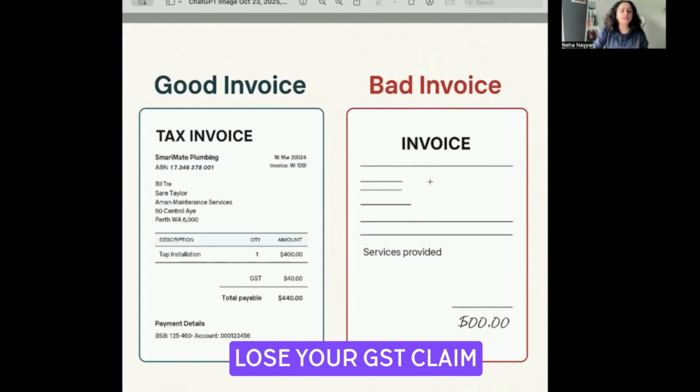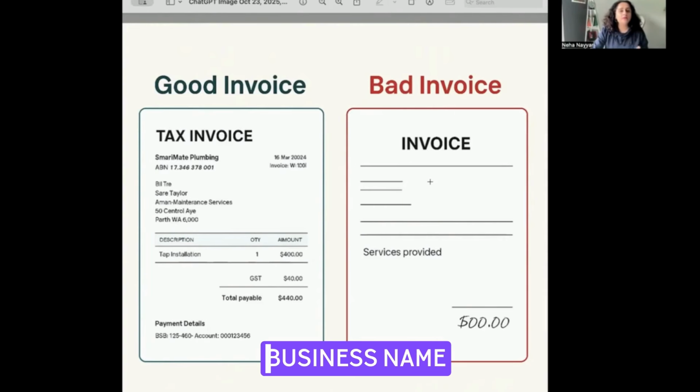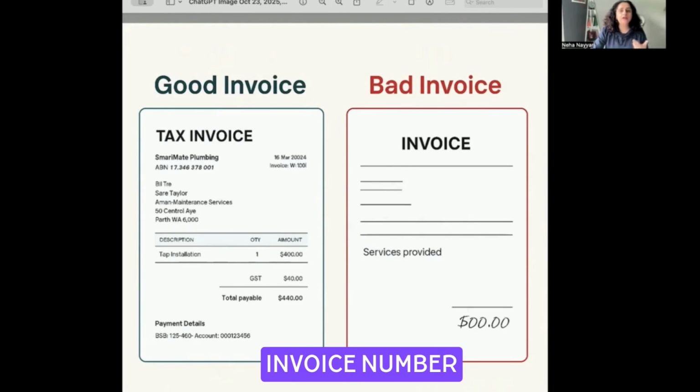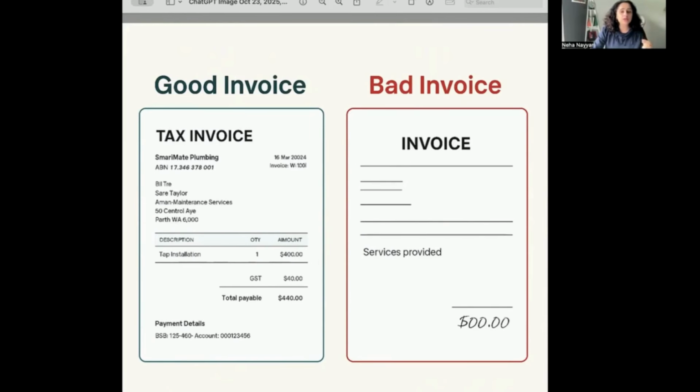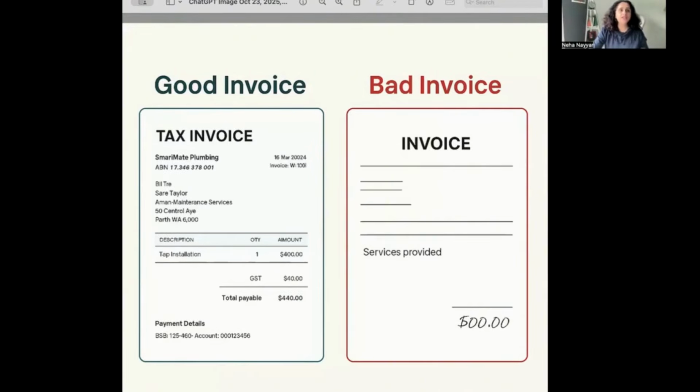Sometimes it wouldn't even have their business name on there, wouldn't have a proper invoice number. It needs to say the words tax invoice to be a valid invoice, not just invoice. So a unique invoice number is again very important.